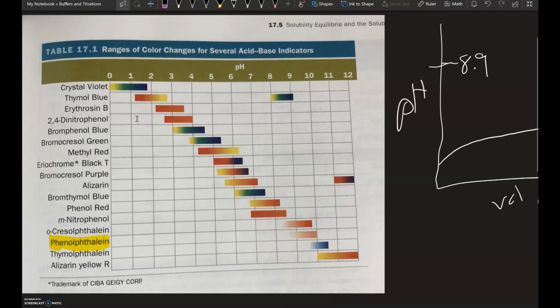So 5.89 would be right in here, and as we come down we see that it looks like methyl red could be a good indicator to use, and bromocresol purple might be a good indicator to use.